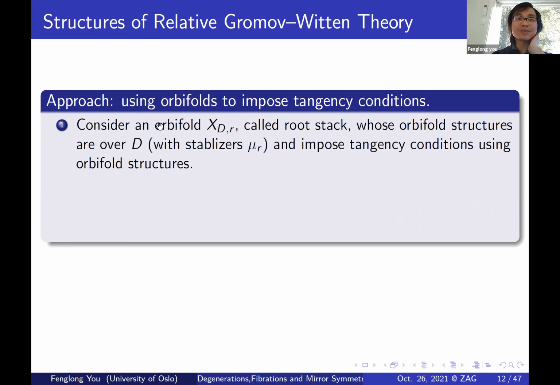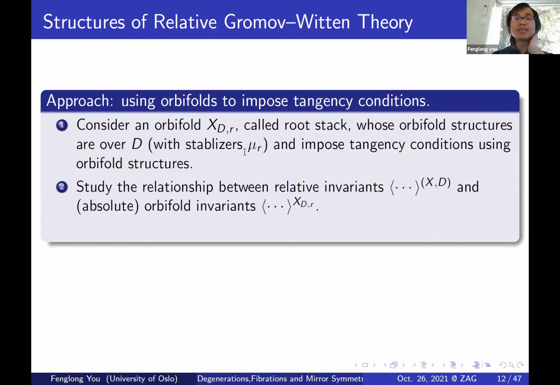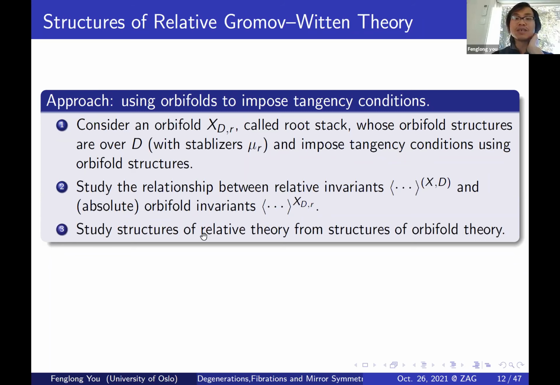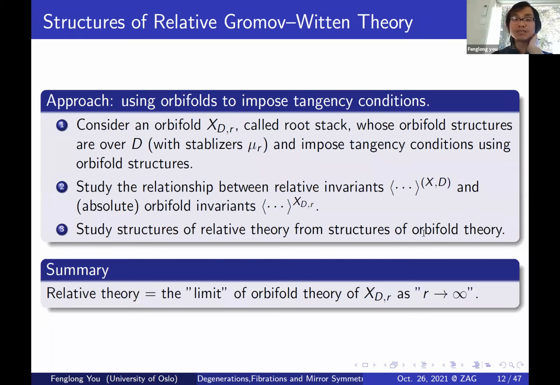So we consider an orbifold which is called a root stack, that has orbifold structure along the divisor D with stabilizers mu_r, and we can change the tangency conditions into some orbifold conditions, and then relate relative invariants with orbifold invariants, and then we can study relative invariants from orbifold invariants, because this orbifold theory is an absolute theory, so it's easier to study.